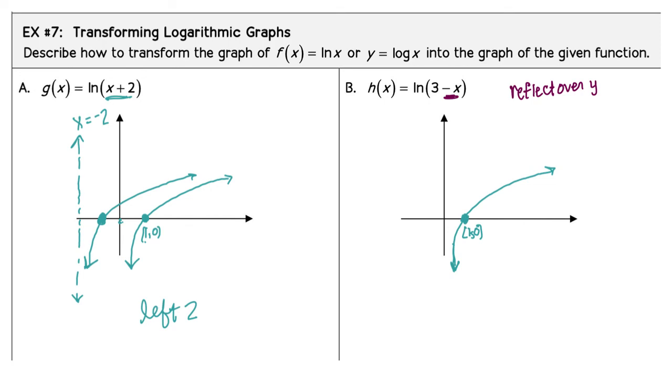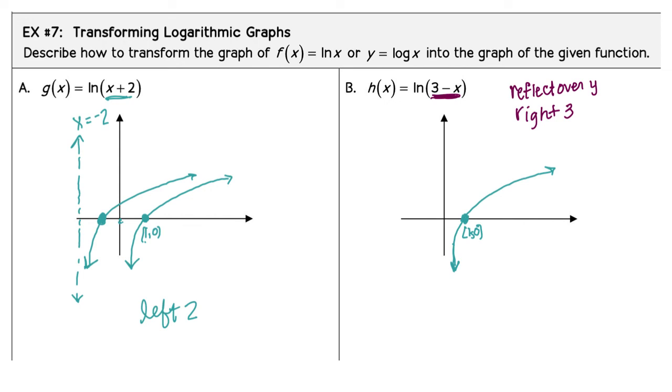It looks like we're really going to move, well, we've got over the y. We want to say left 3, but that x being negative is going to change it. You're really going to move right. Do y'all remember us setting this whole thing equal to 0 and solving? If we do that, we end up with -3. And so we're moving it right 3.